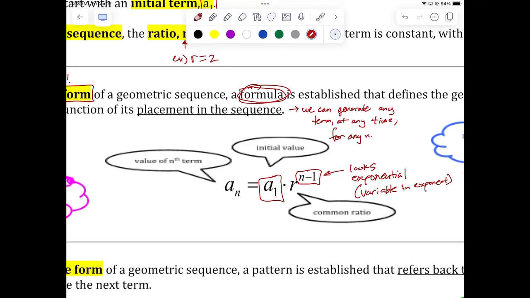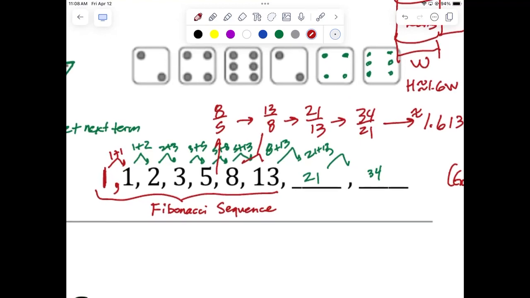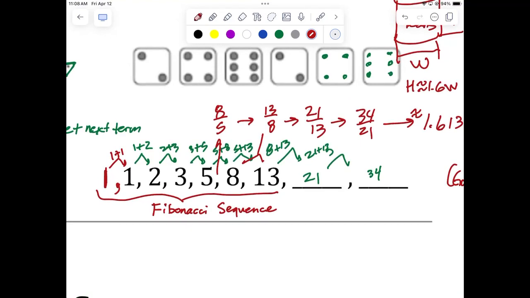Now notice how much quicker that is if I had to do it recursively. If I had to find the 100th term in the Fibonacci sequence, I would actually have to find the 99th term. And to find the 99th term, I would have to find the 98th term, and to find the 98th term, I'd have to find the 97th.